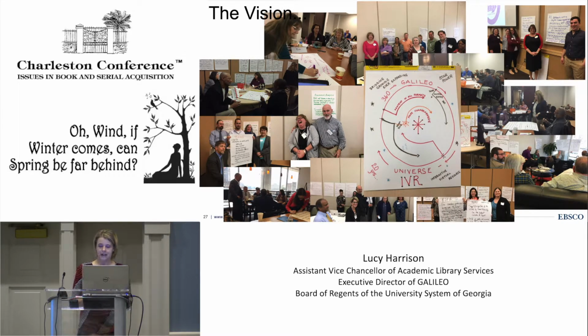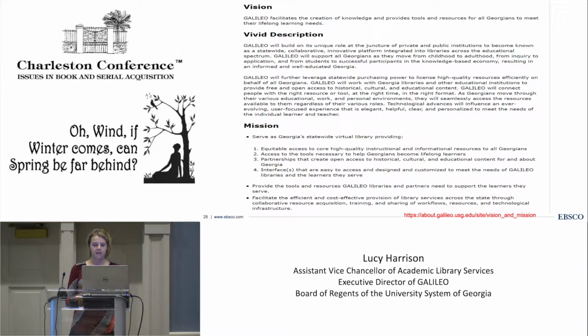So we went through a year of visioning with an outside consultant when I came on board at Galileo about 2.5 years ago, and asked all of our stakeholder groups a lot of questions about where they wanted to see Galileo go. We ended up with a vision, vivid description, and mission, which are available on our website at about.galileo.usg.edu, if you want to see the whole thing.